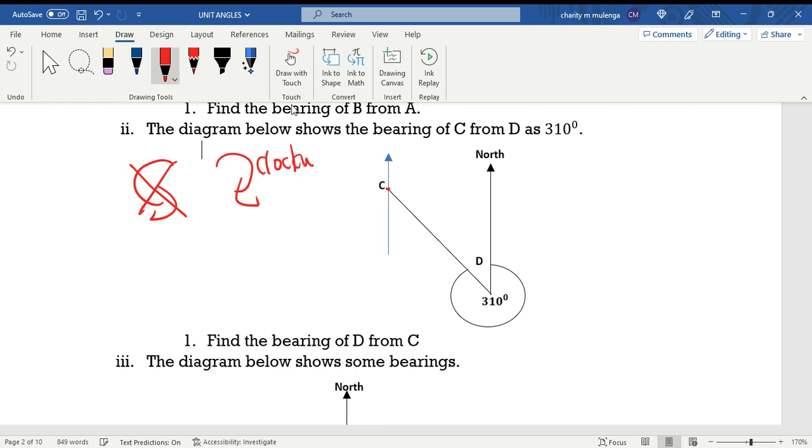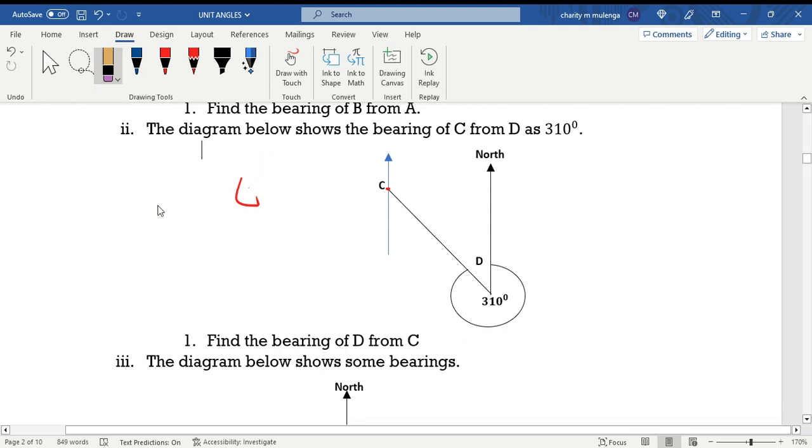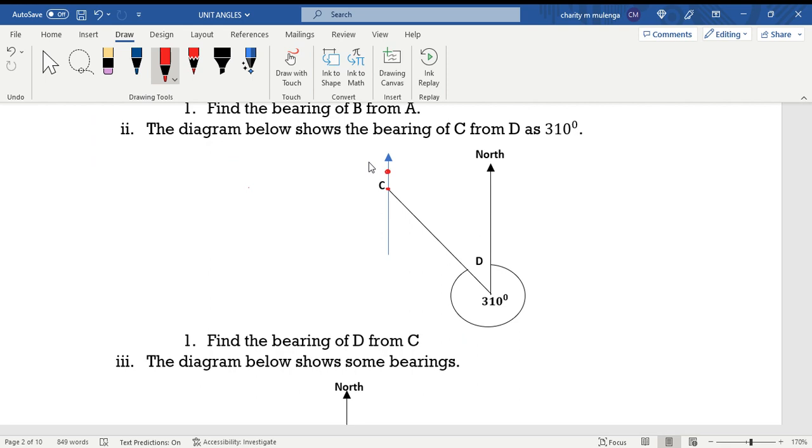Always move clockwise. Please don't forget. So this is the north of C. There's the north of D. So we're going to rotate clockwise up to that point. Are we together?